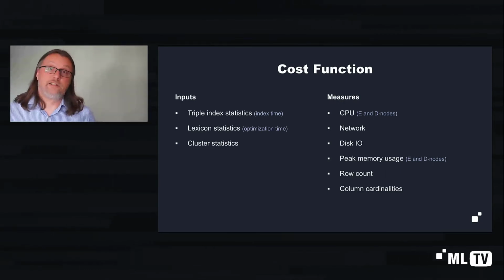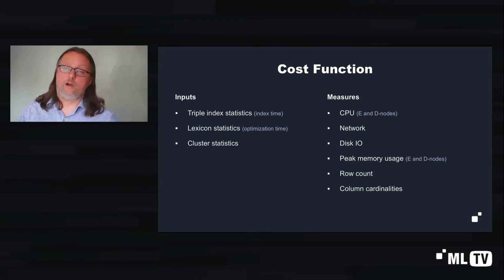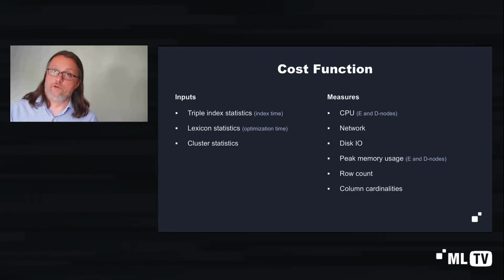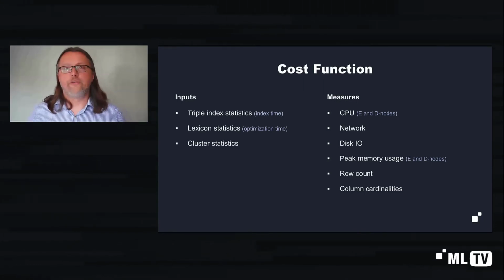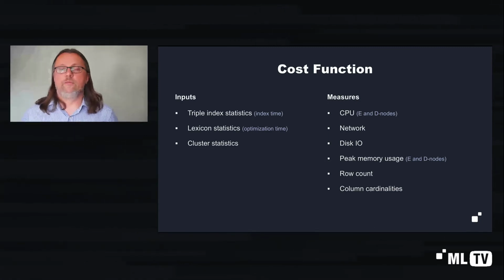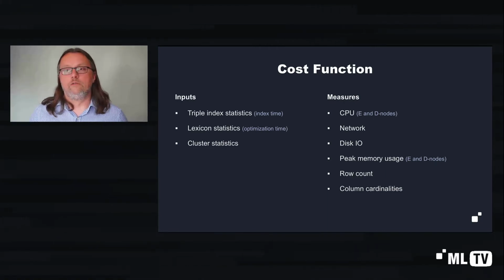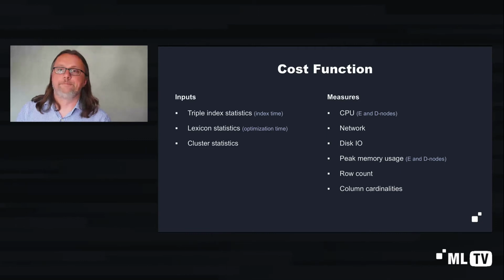There are lexicon statistics that are calculated at optimization time. Some of these statistics include things like numbers of results that will be returned, and also what we call the cardinality of columns, that is, the number of unique values in those columns. That information is helpful for determining the result of joins later on in the plan.